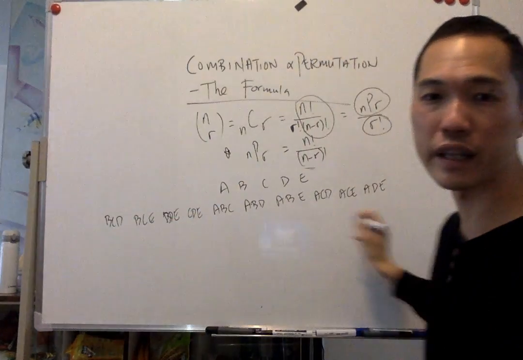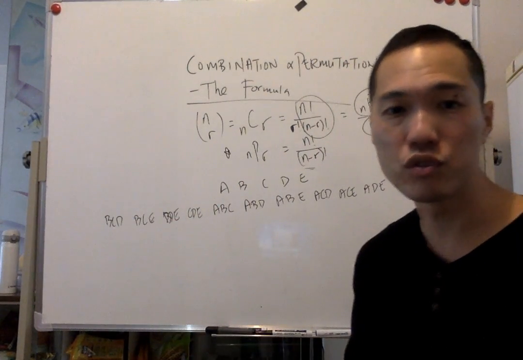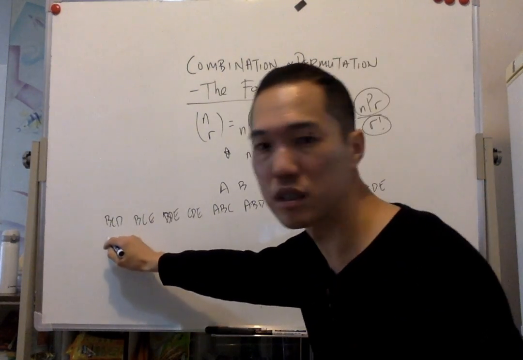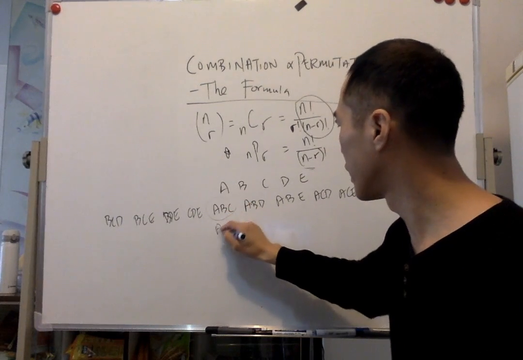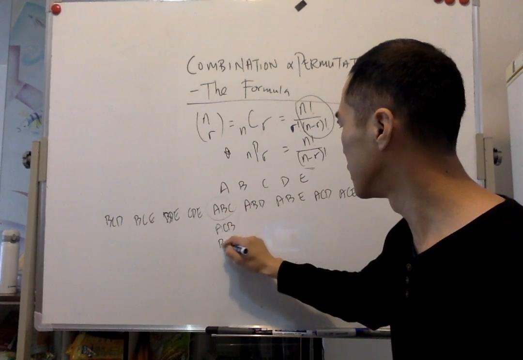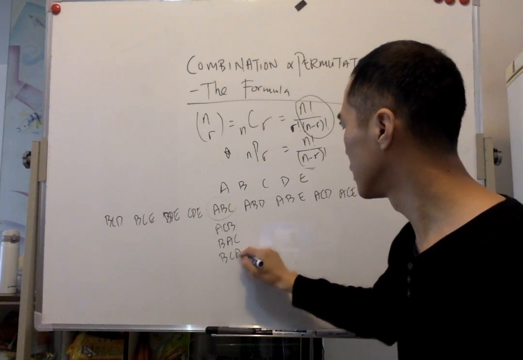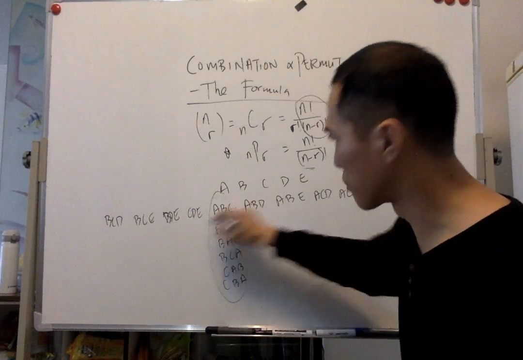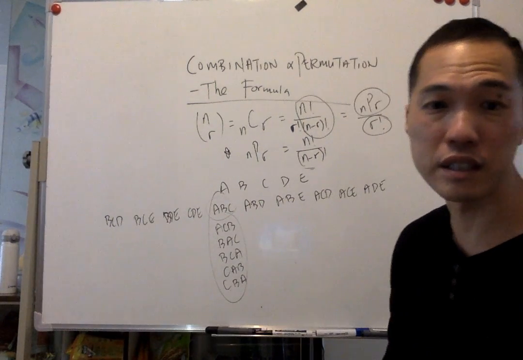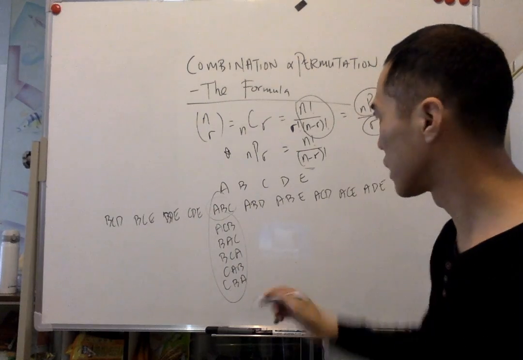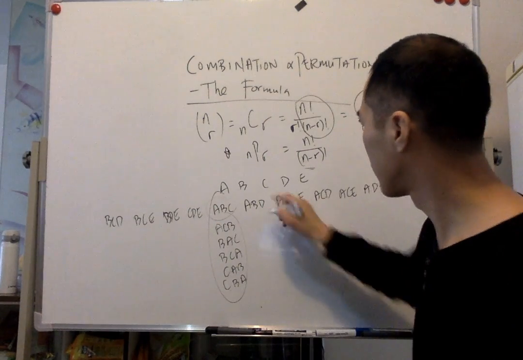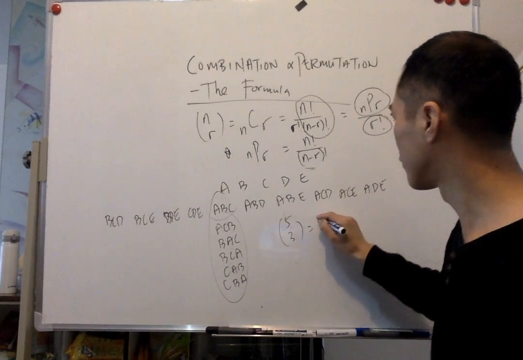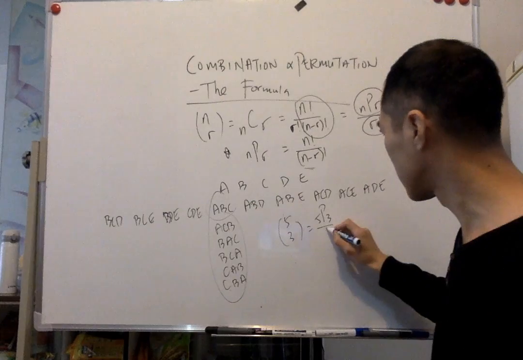So you notice that you have 10 items here. So combinations, 5 choose 3, you have 10. For permutation, let's pick this one, ABC. We can have ACB, BAC, BCA, CAB, and CBA. So you have 6 of them. The total is 10 times 6, which is 60 in permutations. So 5 choose 3 is equal to 5P3 divided by 6.